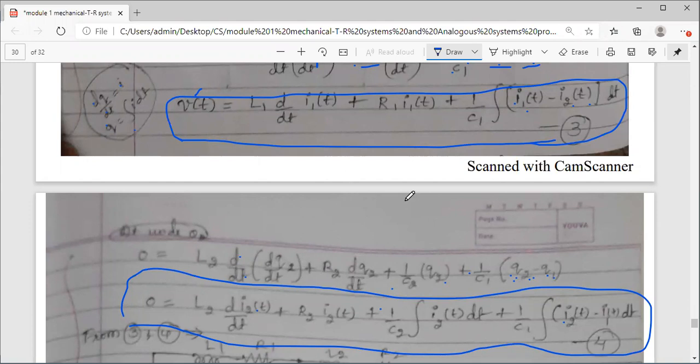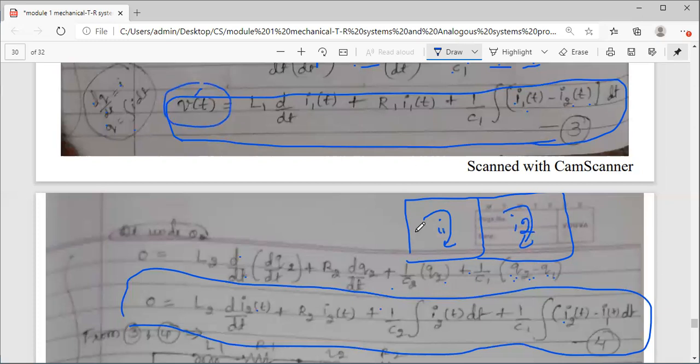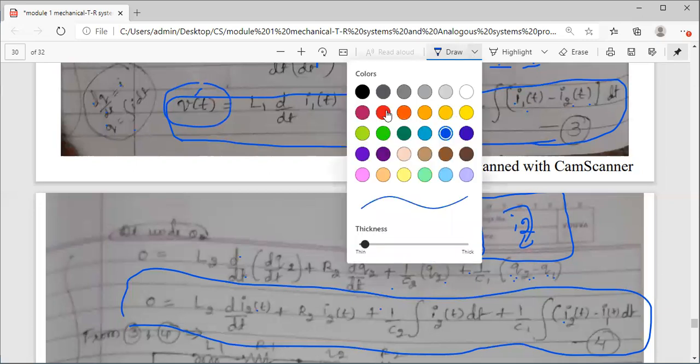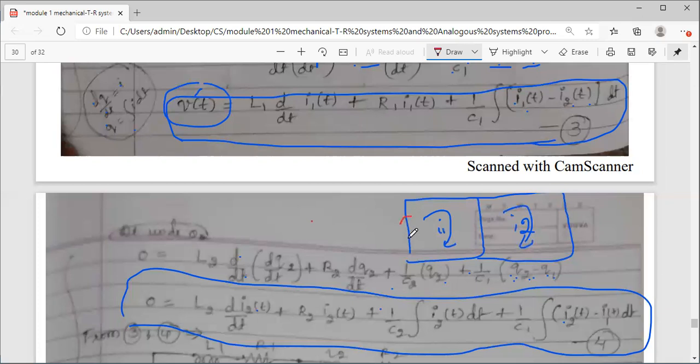Let me just mark them roughly, it is better if you use a pencil. So I will have two loops, and the first loop will be for current I1, the second loop for current I2. Right? And the applied voltage is V of t. So here connect a voltage source. Fine?